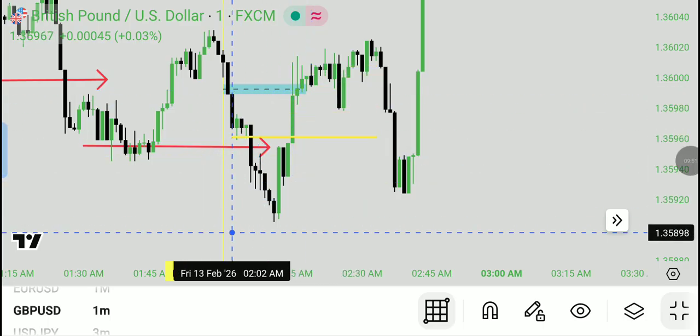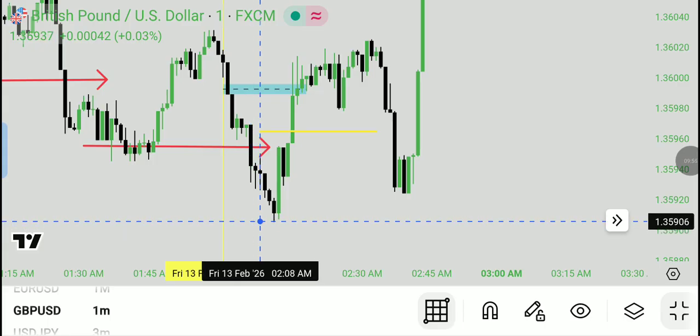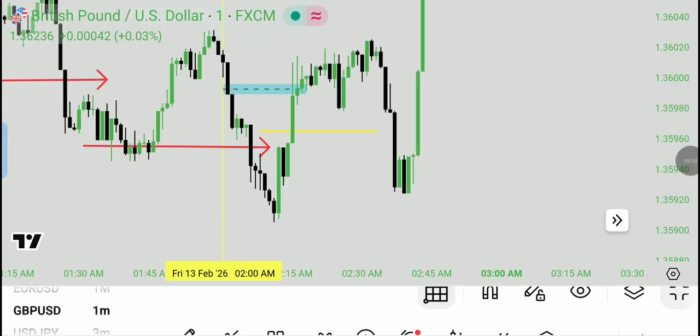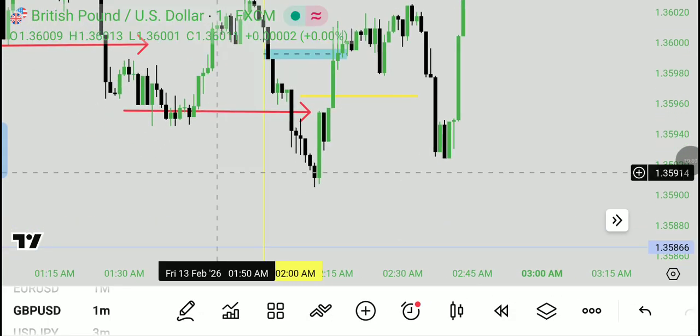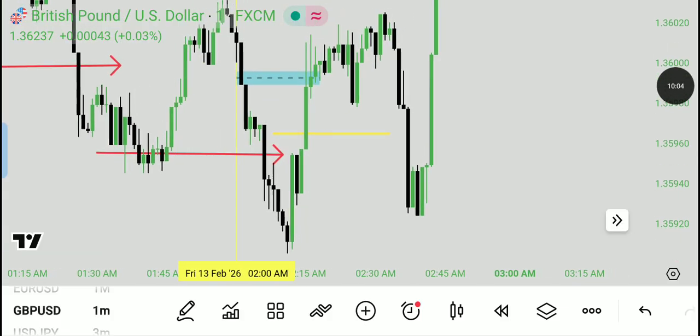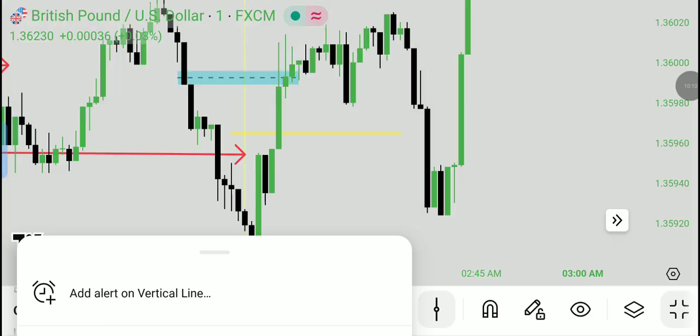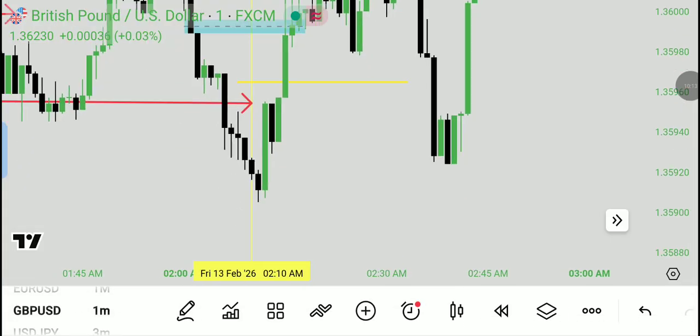All right, if you measure below 50% of this buy side liquidity to this sell side liquidity that was formed, you can see I have measured the buy side liquidity and this, and it gives me this here.